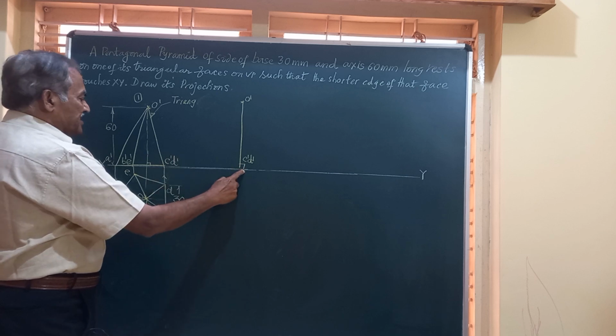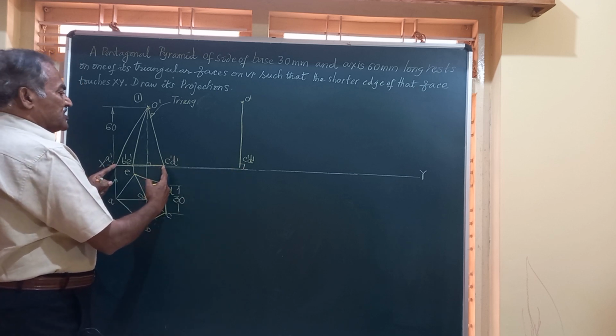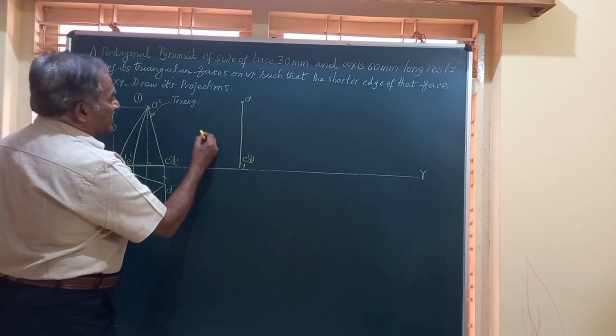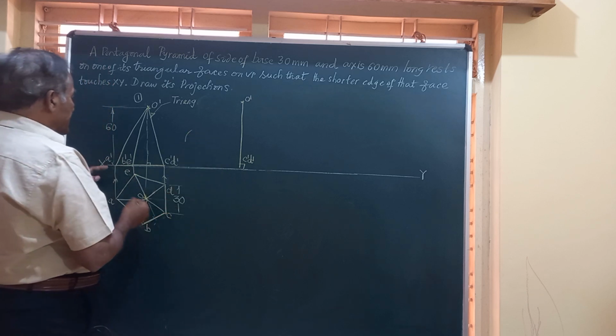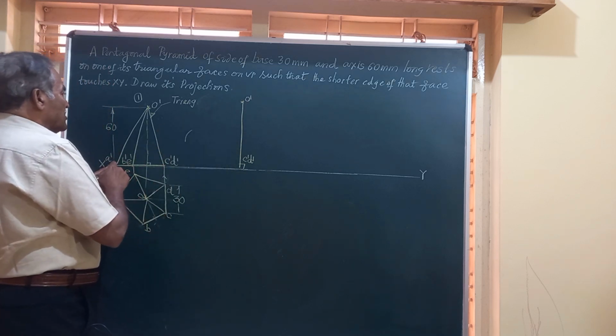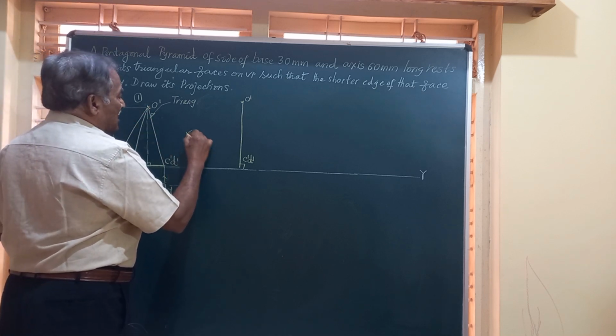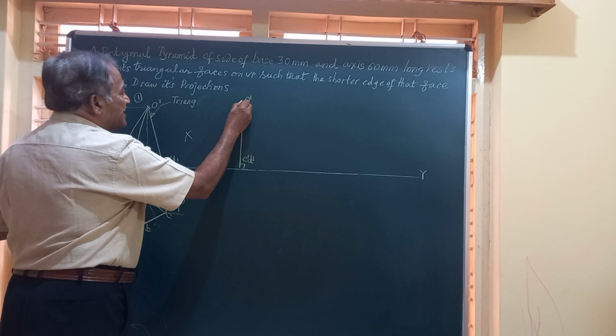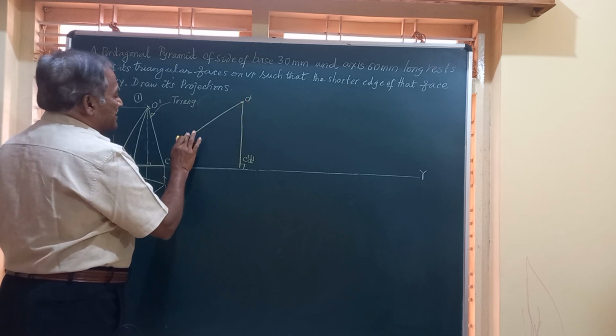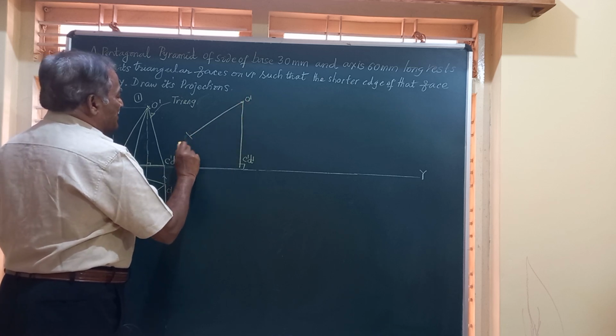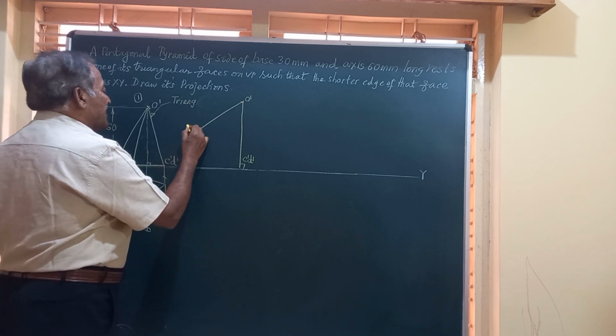Taking C dash D dash as center and radius equal to this length, I draw an arc from here. Similarly, with O dash as center and O dash A dash as radius, I draw another arc. And these two arcs intersect here and we get the point which is represented by A dash.